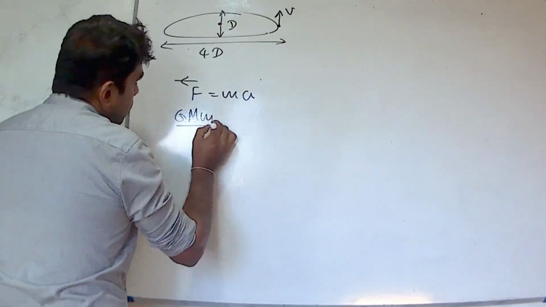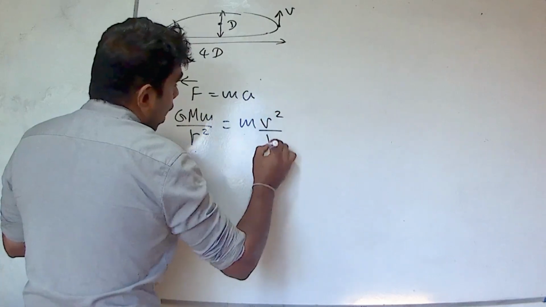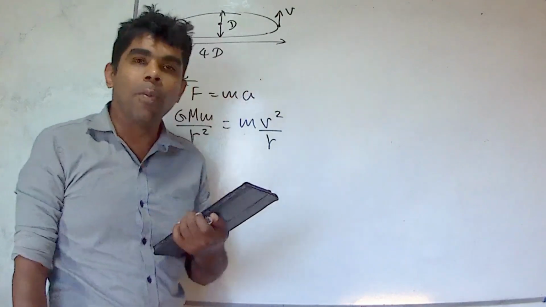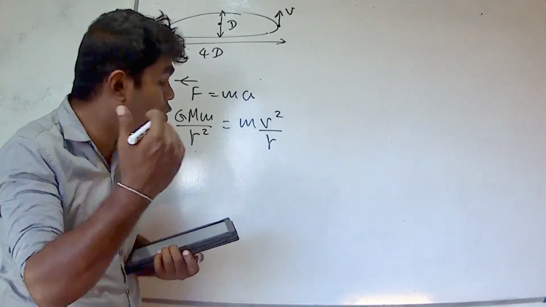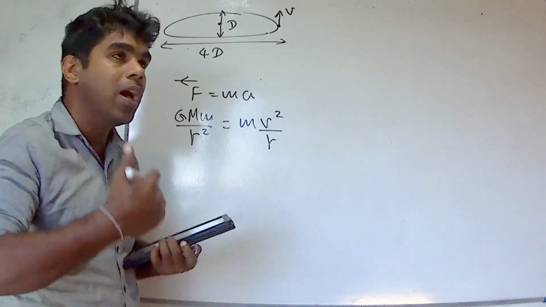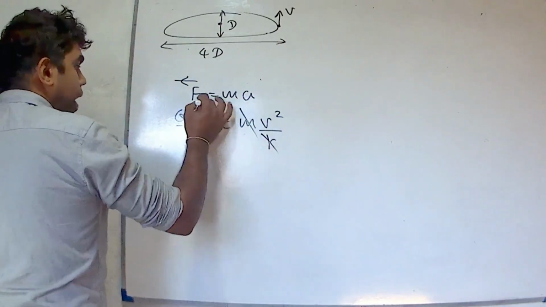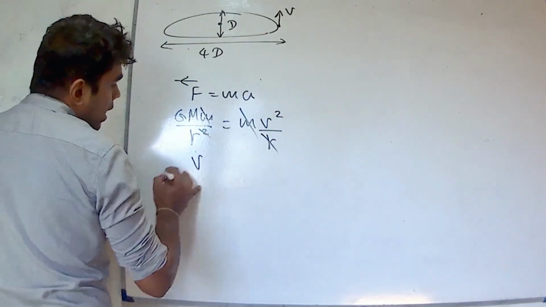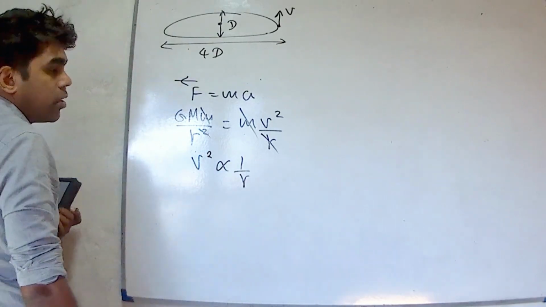GMm over r squared equals mv squared over r. We use centripetal acceleration v squared over r because we have to compare the speed. Then we can cancel out one r term and m. By using this equation, we get that v squared is inversely proportional to radius.